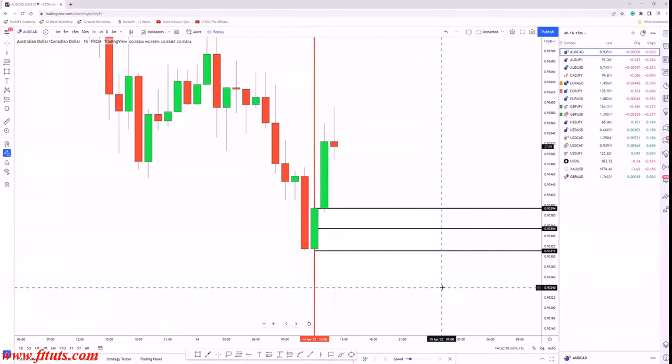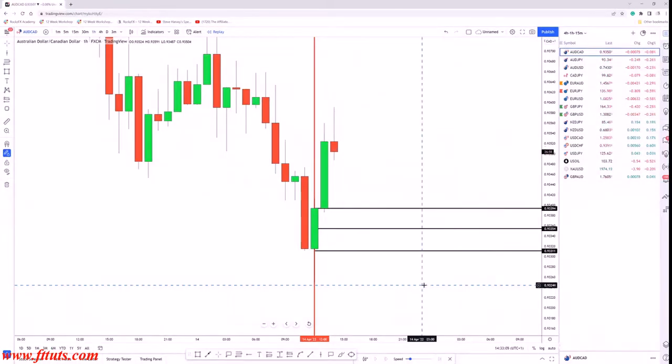That means the Aussie dollar is getting stronger. Correct. You need the market sentiment to be stronger, right? Correct. But if we take a buy, is it against the market?